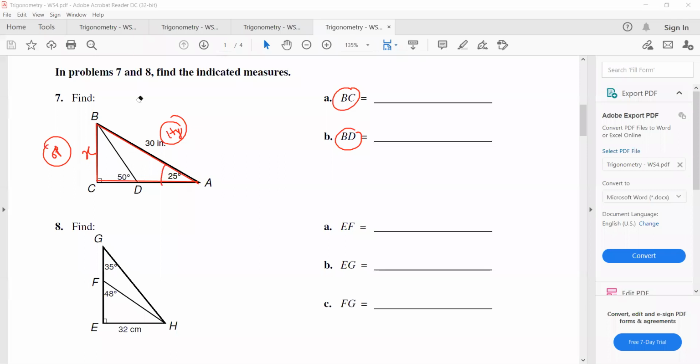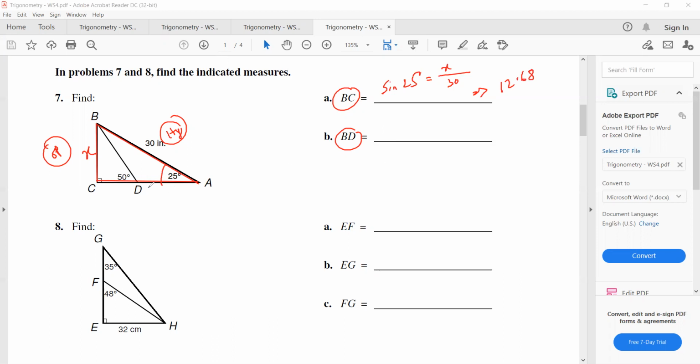Opposite and hypotenuse are related with sine. So sine 25 degrees equals x on 30. So find x. 12.68, ma'am. Yes, 12.68. Very good. X is equal to 12.68.